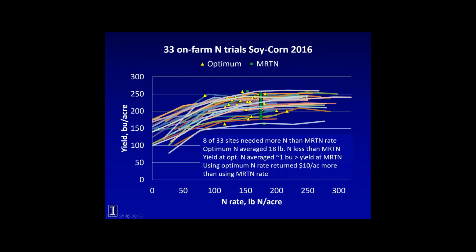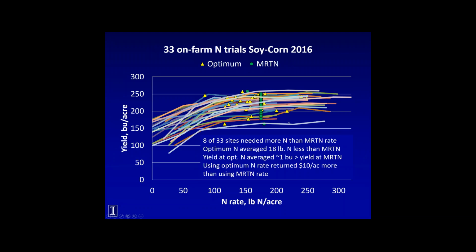It's a little complicated here, but where the green circles are, and we'll come back and mention the N rate calculator near the end, that would have been the yield and the nitrogen rate needed according to the nitrogen rate calculator. Where the yellow triangles are for each line, that's exactly how much nitrogen was needed for optimum yield.